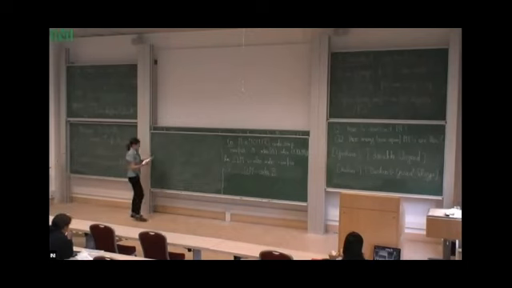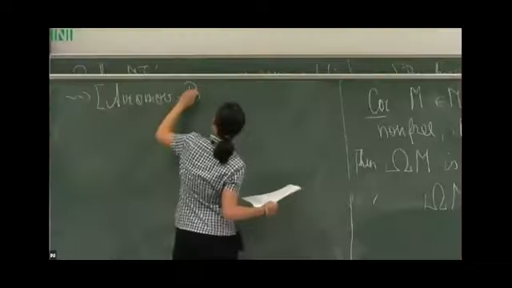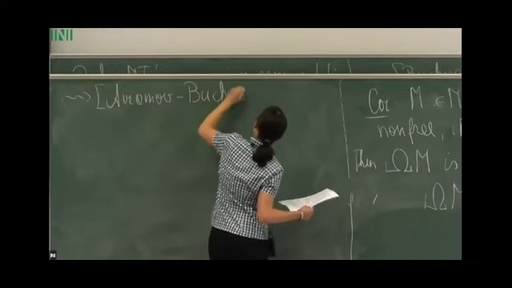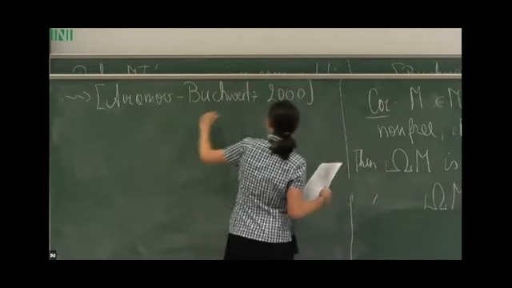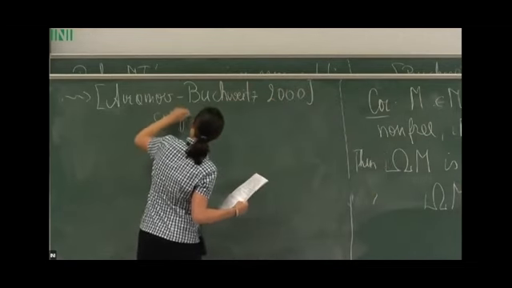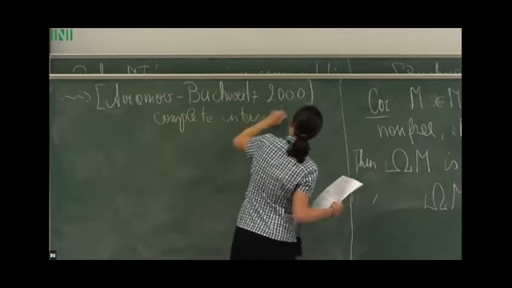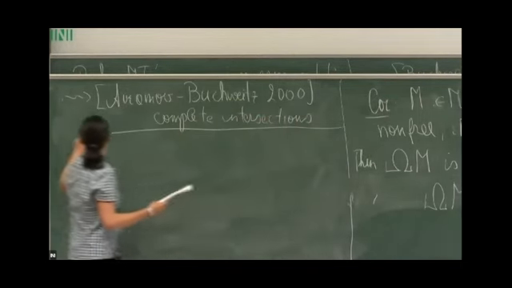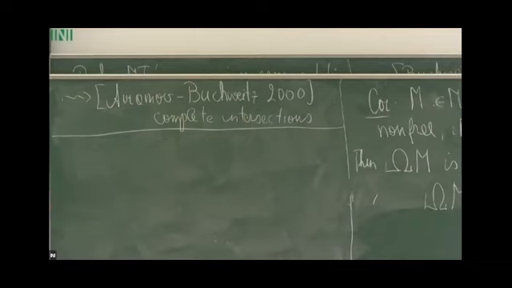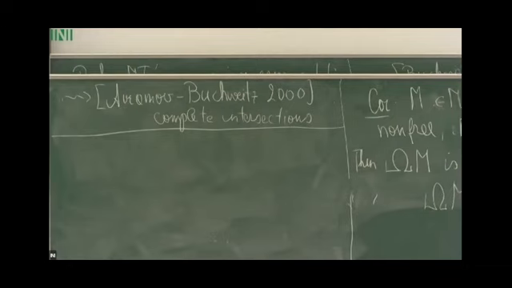So I'm going to write down the reference: Abramov and Buchweitz, 2000, and they did complete intersections. Okay, so far so good. So this was at least one answer to question number 1.